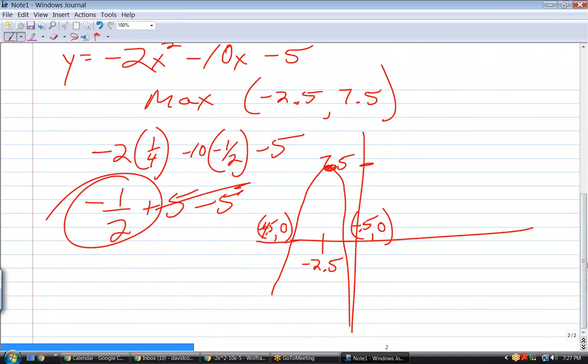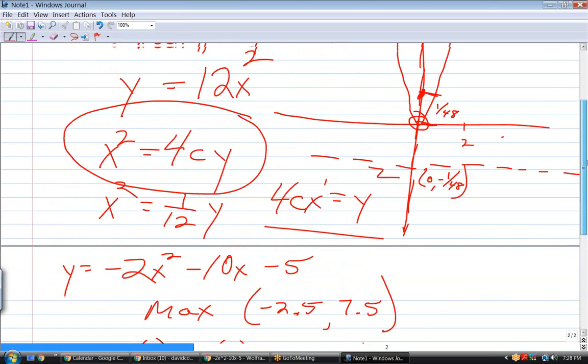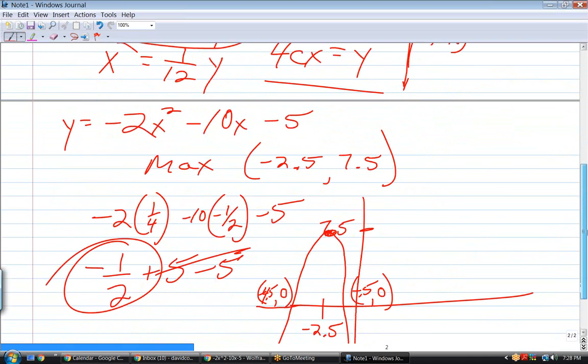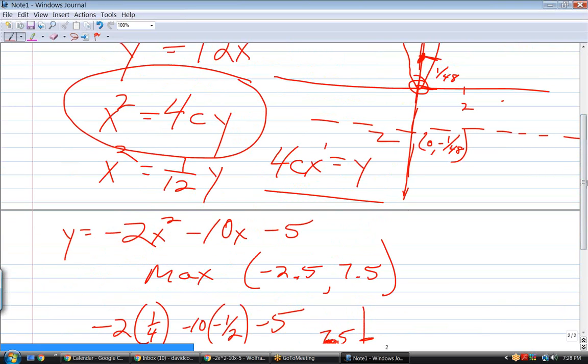Okay, so on our graph, I know that this crosses the Y-axis at 0, -5. Now, did they want to know the focus and all that good stuff also? No. Okay, because that would be hard to get, actually.